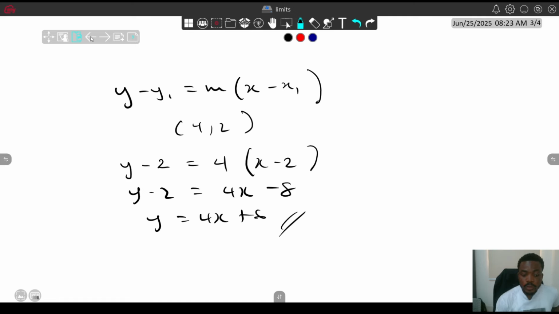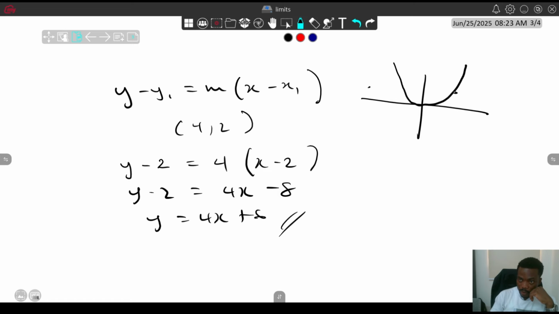Okay, so you can see that the closer we draw, so the point was here, and then we pick a point here.